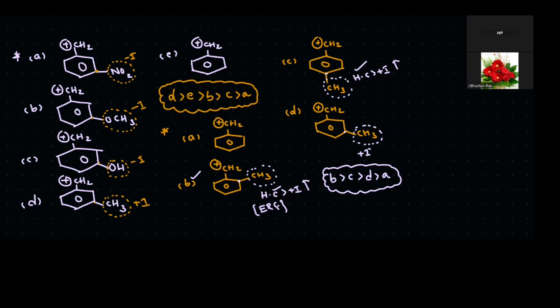Example: compound A, CH2 plus, here one CH3. Next, second compound, here CH2 CH3.